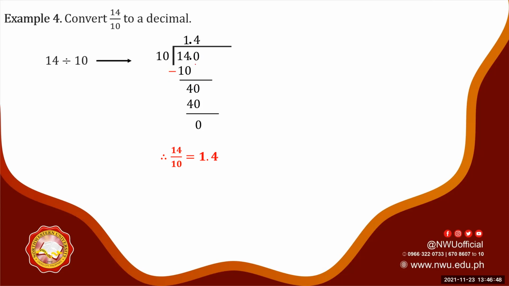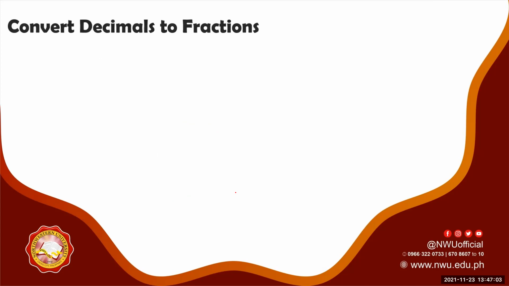So you just continue adding zeros until you come up with a remainder of 0. That's why we have our equivalent decimal, which is 1.4. Okay? So just to recap what I said earlier, to convert fractions to decimals, all you need to do is divide your numerator by its denominator.